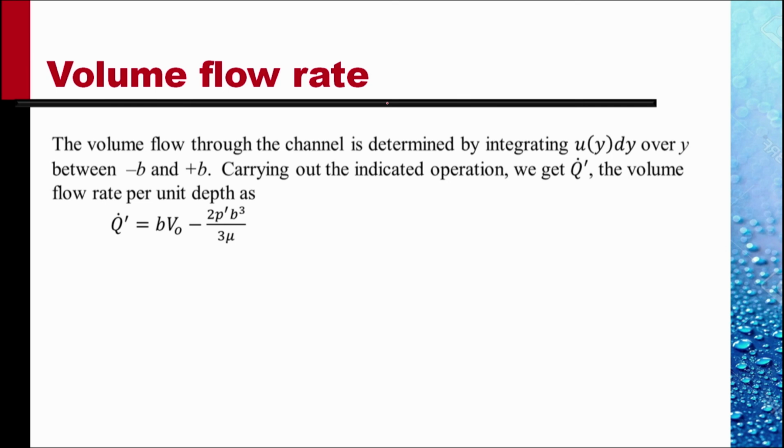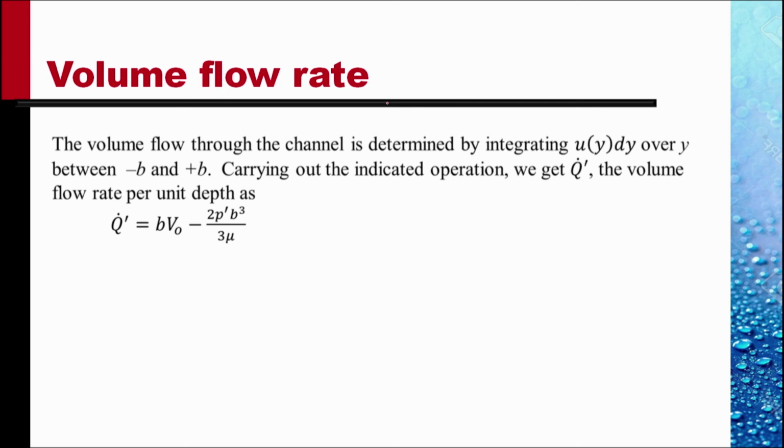If there was no pressure gradient, then the volume flow rate would be b V naught, and if the upper plate was not moving, the volume flow rate would be minus twice P prime b cube by 3 mu.